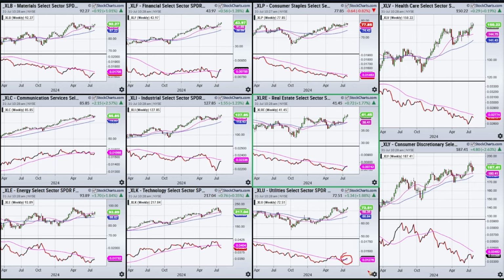Same thing for the utilities, which had broken the downtrend line, moved up, and now tested. If they can get back above this level, we have that 1, 2, 3. So we want to be on the lookout for the sectors that have that potential. Right now, it's the financials and the utilities, but I can tell you by looking at the individual stocks inside the REITs, there are some massive breakouts taking place right now. So really good action there.